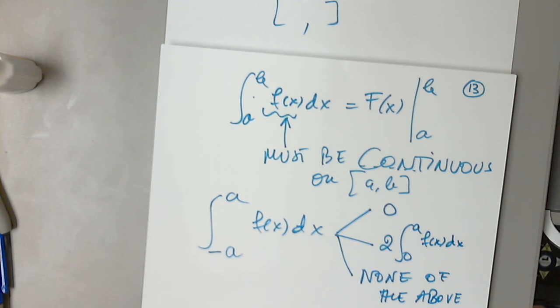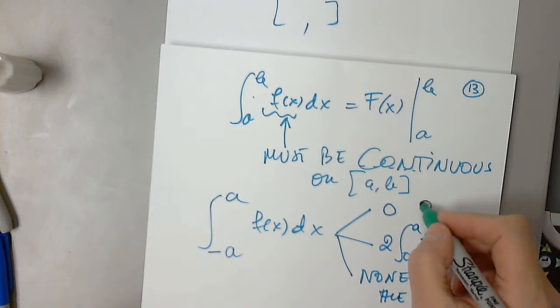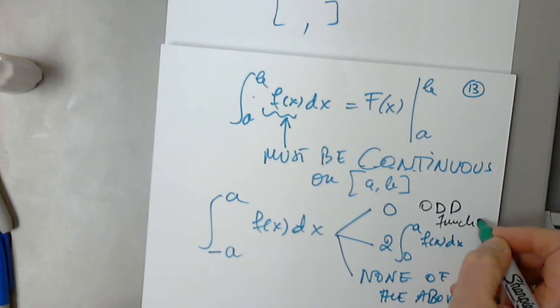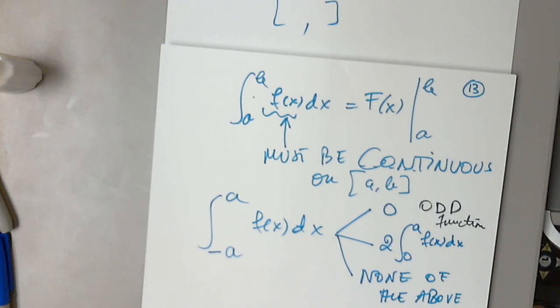When the function is, my markers are drying up. Thank you. Odd function. And when is it twice the integral from 0 to a? Even function. If the function is not odd, if the function is not even, then you're going to have to determine it as is. But every time you have a symmetric interval, always check whether your function is odd or even. It will save you a lot of time.